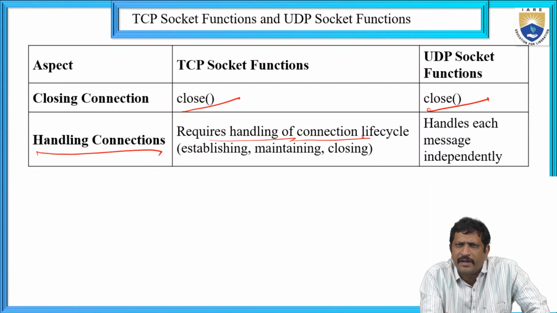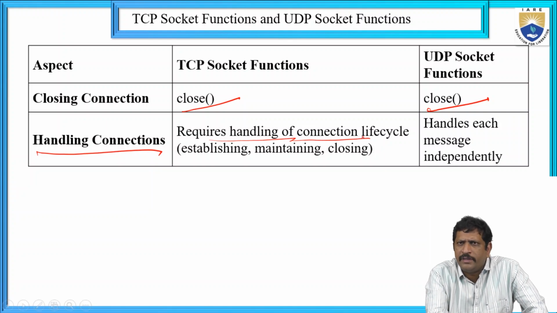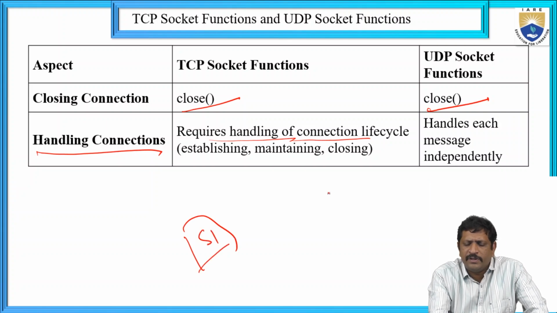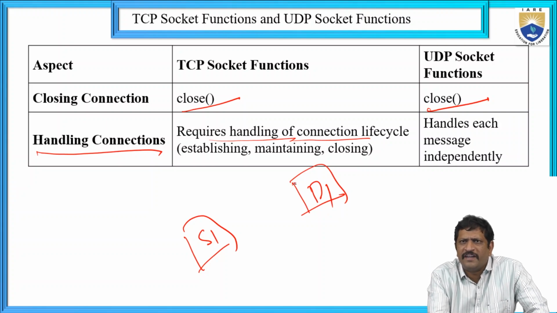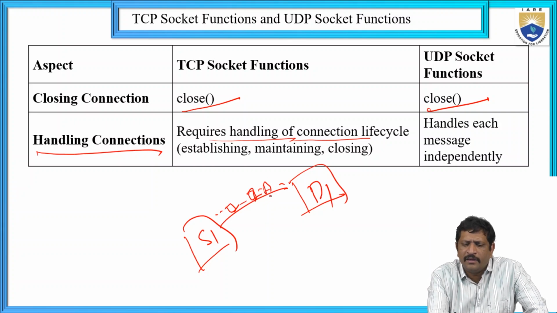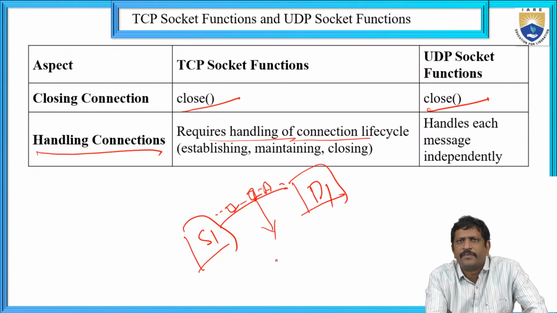If any errors arise while transmitting data packets from source to destination, those errors can be handled and corrected, and then the data is retransmitted between source and destination.